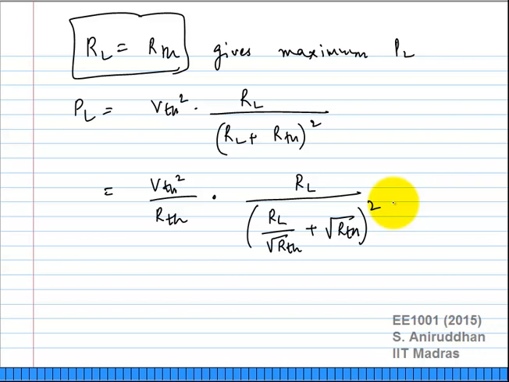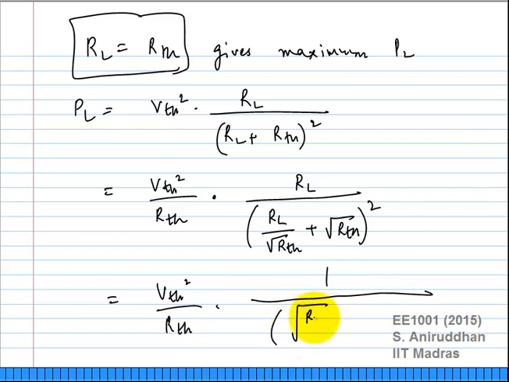I have just taken one RTH outside the square. Okay, VTH squared by RTH times RL. I pull out root RTH out of the square, so I have root RTH left here and RL by root RTH, and I can also rewrite this as 1 by the square root of RL by RTH plus root RTH by root RL, squared. Correct? I can rewrite it in this form.